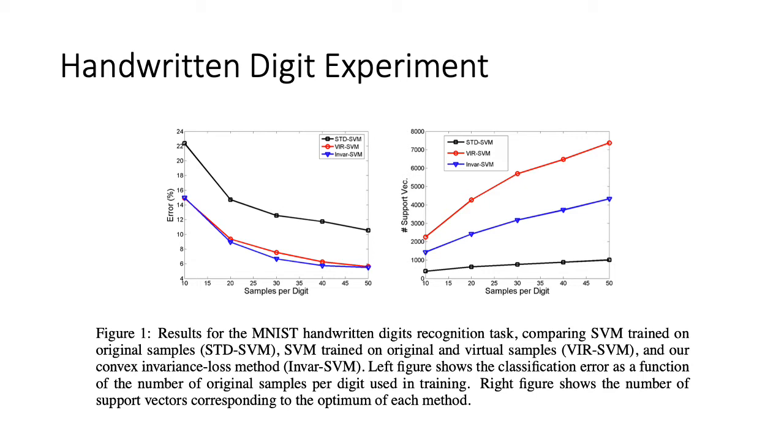There have been other methods for this invariance learning, but they haven't liked a lot of them because of either too restrictive of a problem formulation or inefficiency in essentially number of support vectors it uses. As you can see by the red line there, the virtual SVM was a prior method and it just uses a ton more support vectors than their invariant SVM.